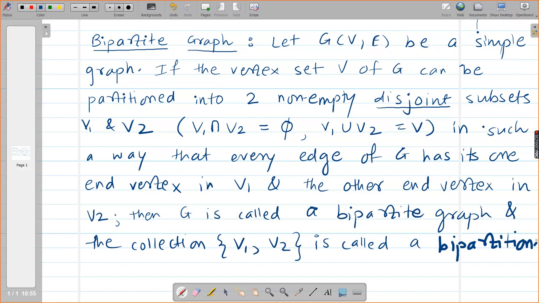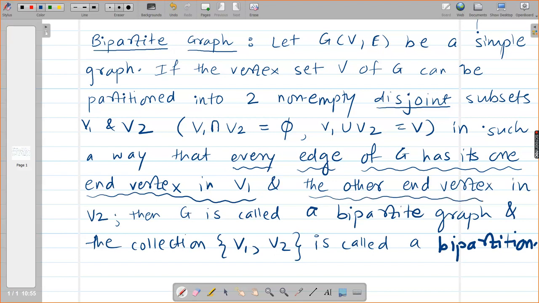Have you understood this definition? Every edge of G has its one end vertex in V1 and the other end vertex in V2. Then G is called a bipartite graph. So you have to find that bipartition. From the given graph, you have to check whether it is a bipartite graph or not.